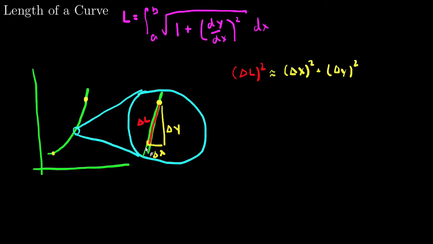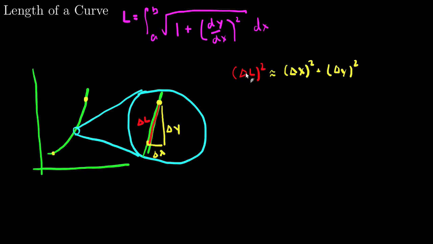Approximately equal to, because if I take any non-zero change in x and in y, if the second derivative is not 0, it'll be curved, and so it won't make a perfect right triangle. But how we fix that is the following.